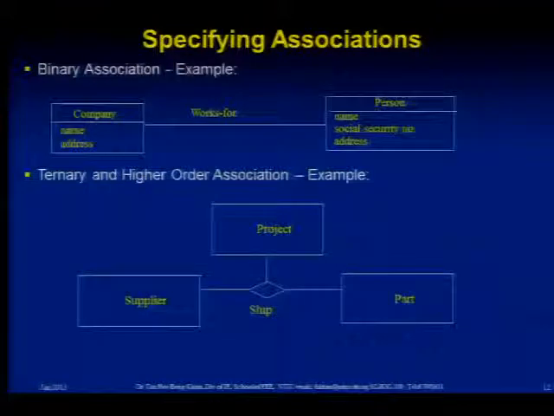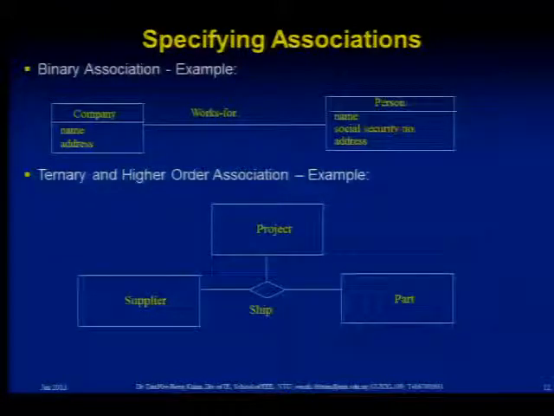This is a class to specify company, each and every company. Since ABC company is a company, it's an instance of this class. Once you define a class to specify all the companies, then any company will be an instance of this class.